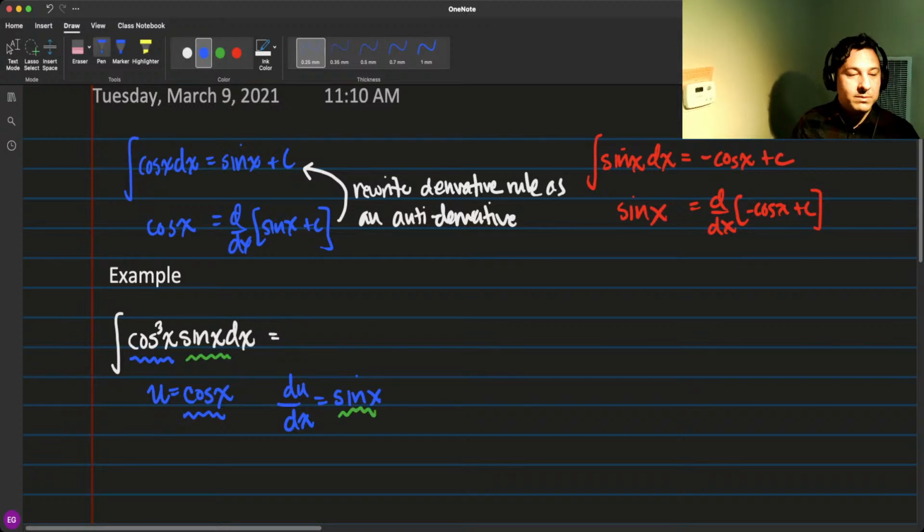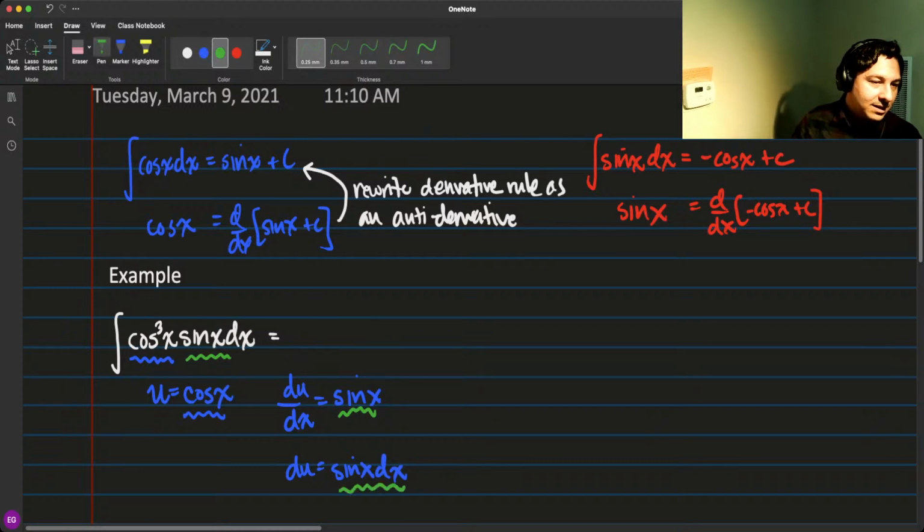If you multiply both sides by dx, you get the differential du equals sine x dx. That's even better because this now matches, so you could do a u substitution in this case. I can rewrite my cosine cubed x as u cubed, and sine x dx is quite simply my du, because those two things are equal.